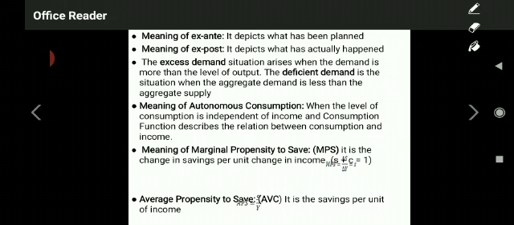Look at deficient demand. It is the situation when the aggregate demand is less than the aggregate supply. Deficient demand means when the demand for goods is less than the available supply of goods. It happens in a deflation condition. An excess demand situation arises in an inflation situation.